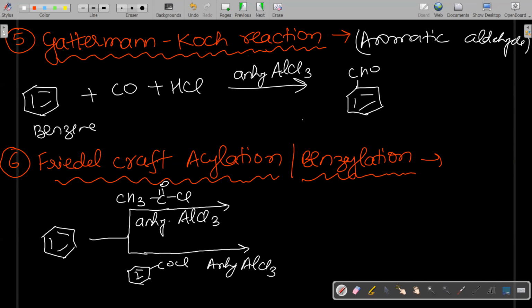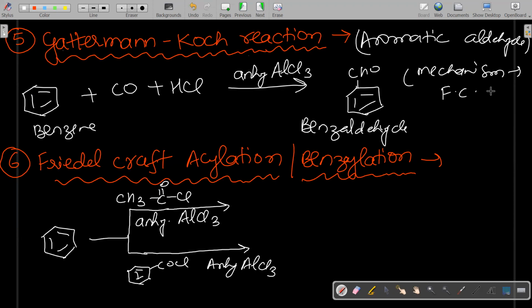So this is also a formation of benzaldehyde, and this reaction mechanism is actually similar to Friedel-Crafts acylation.